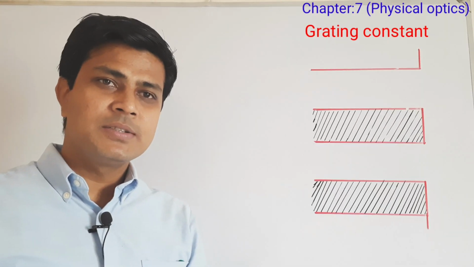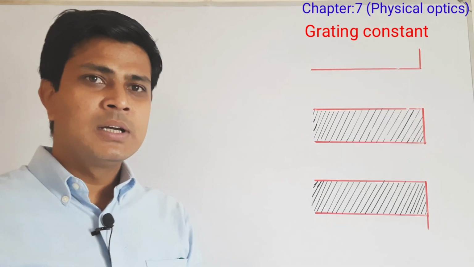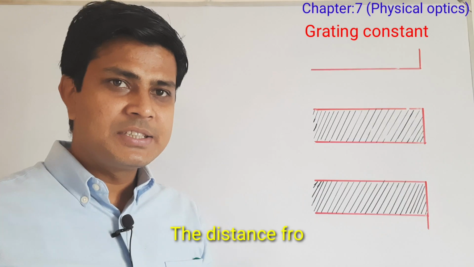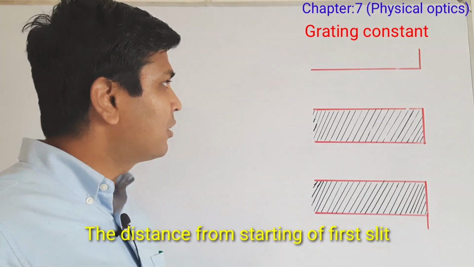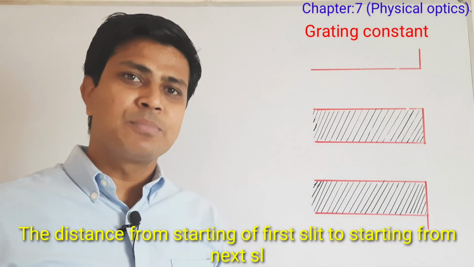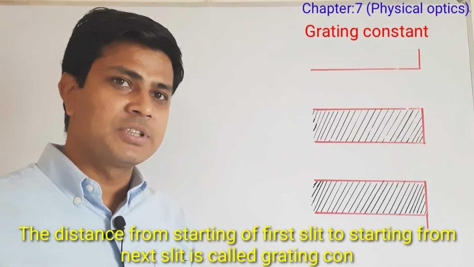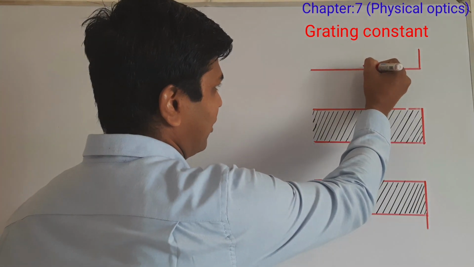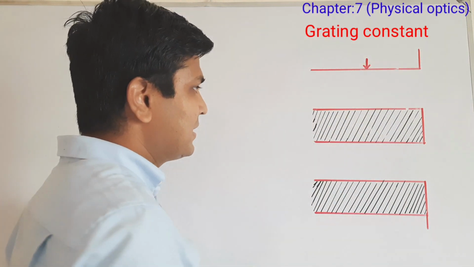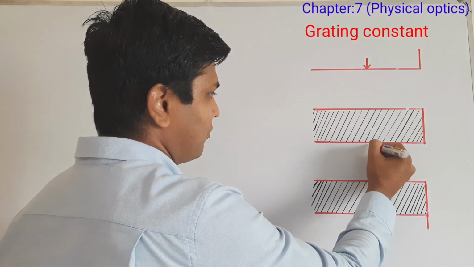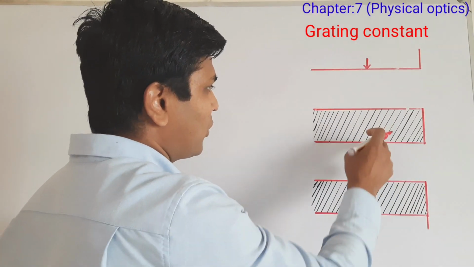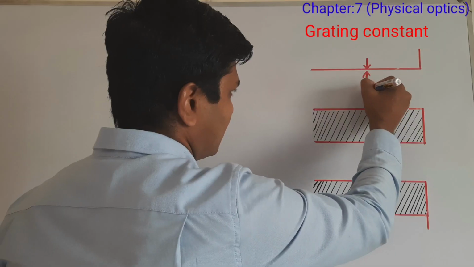Now, I am going to discuss the grating constant of the diffraction grating. Grating constant means the distance from the starting point of a slit to the starting point of the next slit. Suppose this is the starting point of the first slit and this is the starting point of the second slit. So, the distance between the two points is called the grating constant.